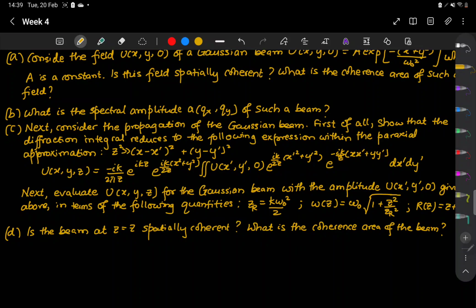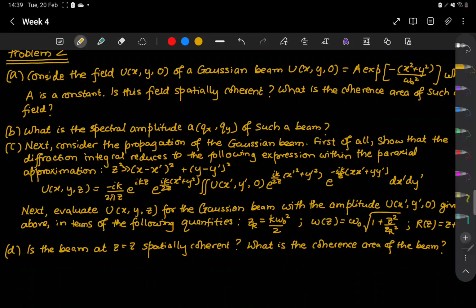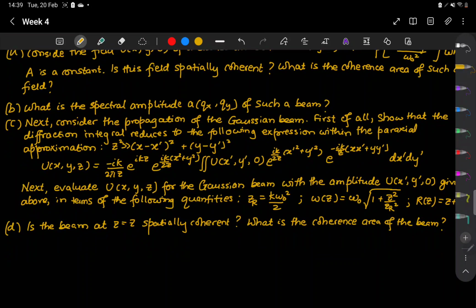And within the paraxial approximation, we have the expression for the field at a given value of z. This is the diffraction integral.